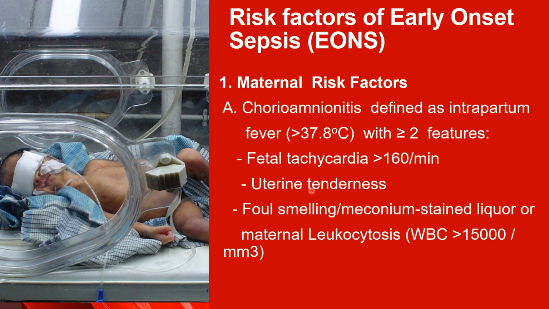So number one feature is fetal tachycardia with heart rate more than 160 per minute, uterine tenderness or foul smelling meconium stained liquor, or maternal leukocytosis. So out of these three, if two or more features are associated with the maternal intrapartum fever, then you can consider this mother is having chorioamnionitis.